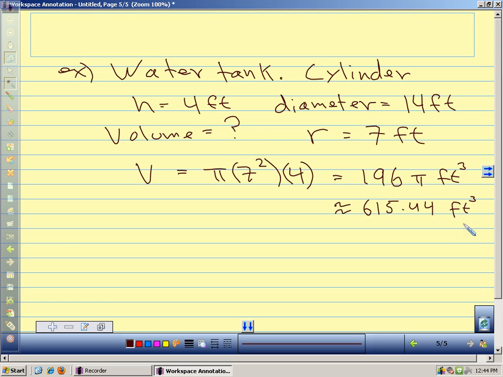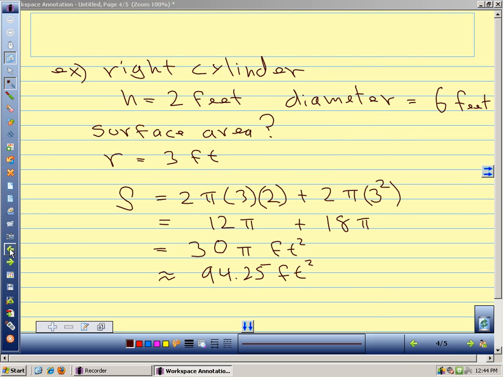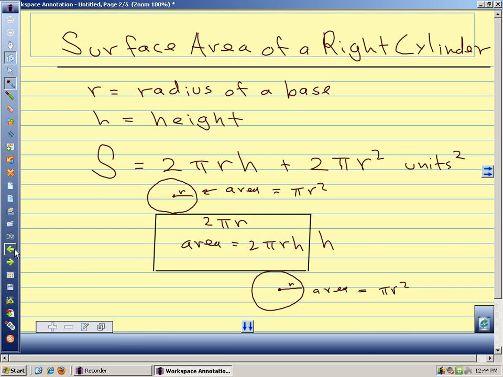Now, in your homework problems, it's going to give you some problems where they give you, for example, does everyone have this? Anyone still need this up? Everyone good? Okay. So let me go back to the surface area formula. So they'll give you a problem where they give you the surface area and they give you the radius and they want you to figure out the height.